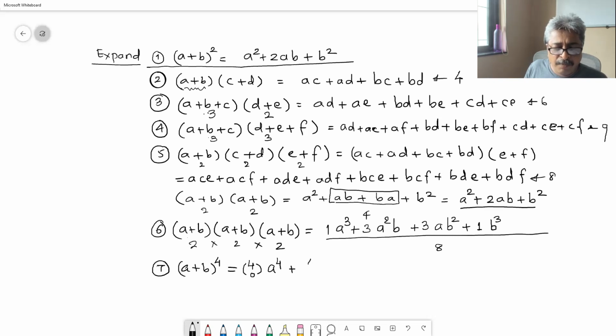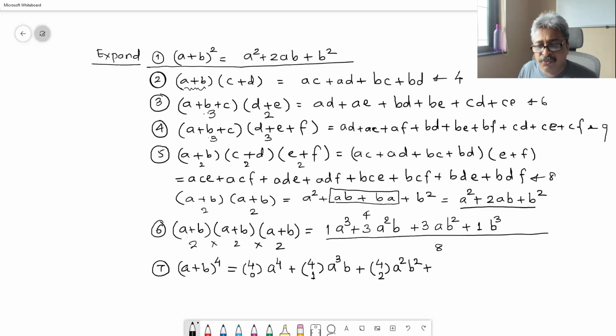Then from 4 brackets, if I choose 1 b, in how many ways can we do it? 4 choose 1 ways. Then I will end up having 1 b and 3 a's. Then from 4 brackets, if I choose 2 b's, then I will have the term a square b square.